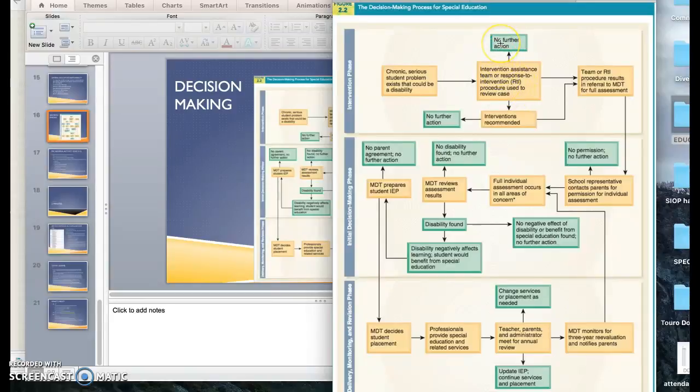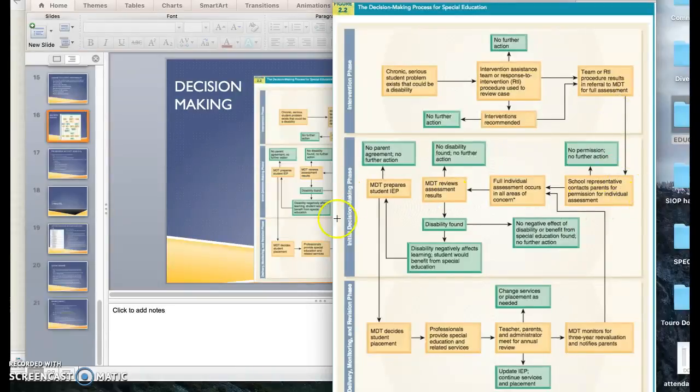You might decide that there's nothing more you need to do, or the team might come up with some ideas on how to support the student, and possibly recommend some interventions. Assuming that the interventions work, then you might not need any further action. If they don't work, then the team might have to take those results and make a referral for a bigger assessment.